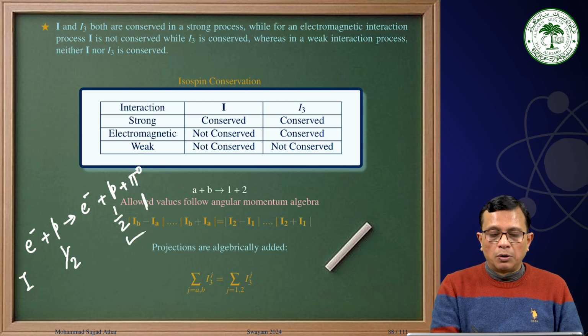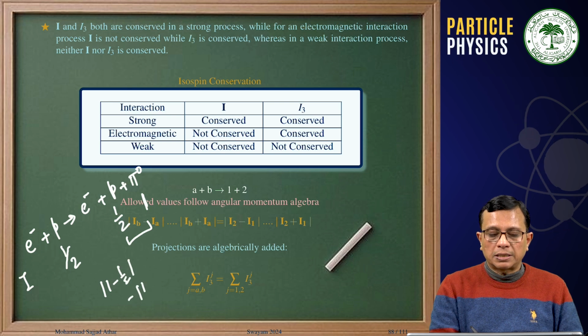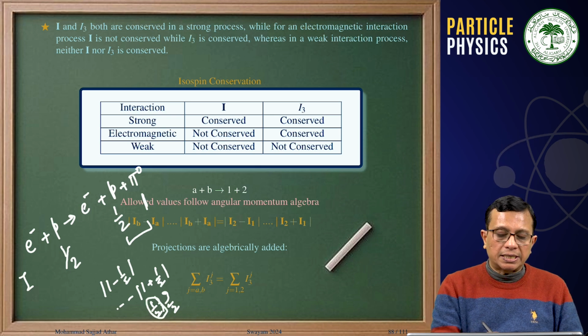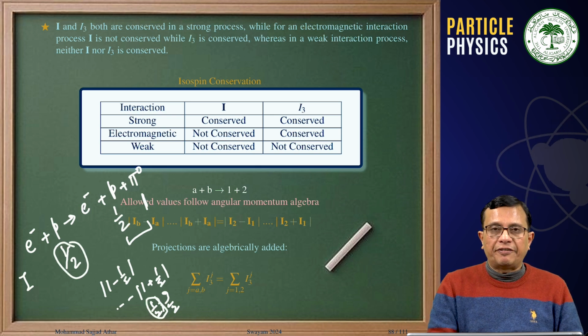And now you see what I have told you, 1 minus half to 1 plus half in steps of unity. That means this will be half and 3 half. While on the left hand side, you have half. Therefore, half is here on the right hand side and half is here on the left hand side.